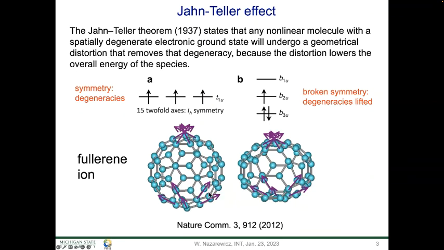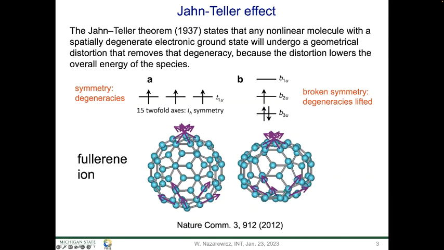You see this object has many, many point group symmetries, and the ground state is degenerate, there are three levels which have the same energy, and this ion undergoes the Jahn-Teller effect, and this beautiful spatial symmetry becomes spontaneously broken. Okay, you can see degeneracy between those levels is removed, and this is the essence of the Jahn-Teller effect.